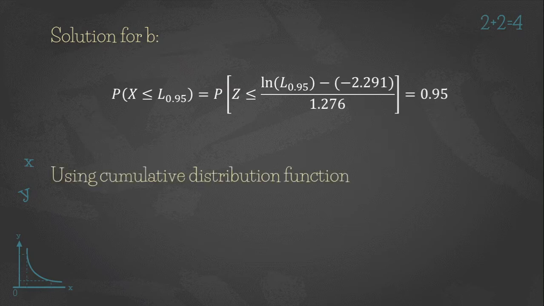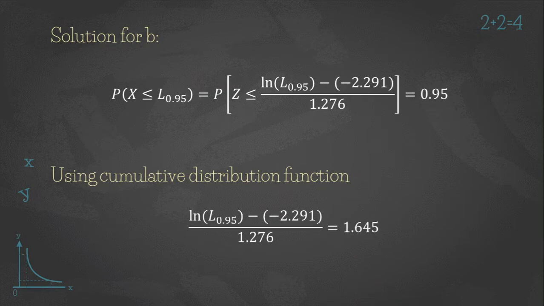Using cumulative distribution function, we get ln of L subscript 0.95 minus negative 2.291 divided by 1.276 is equal to 1.645. So, yung 1.645 ay nakuha natin sa z-score percentile for normal distribution.